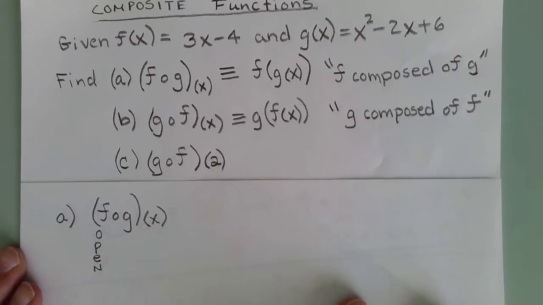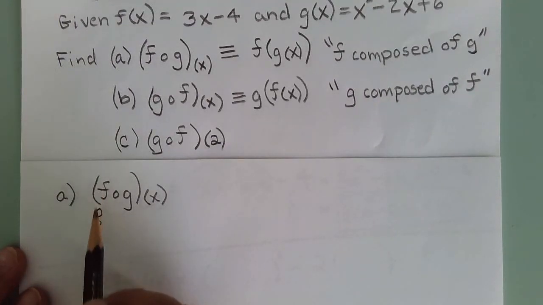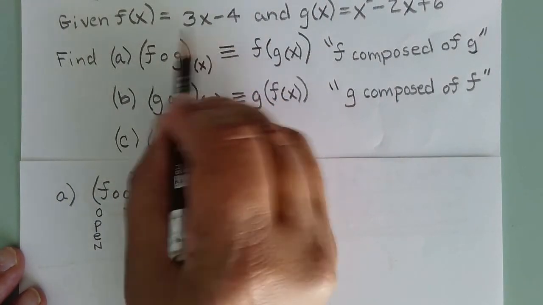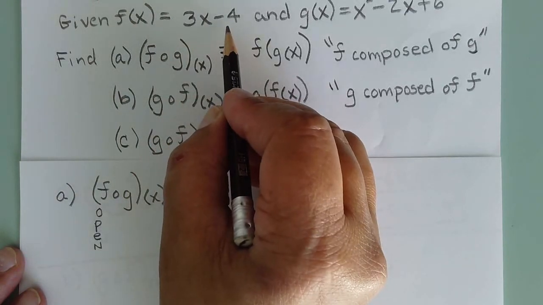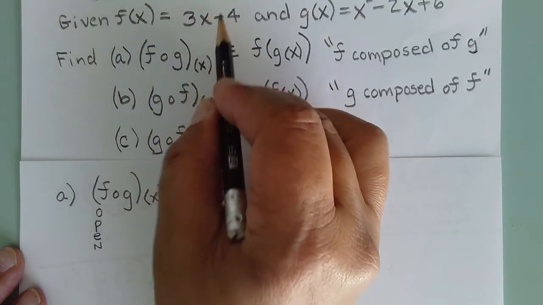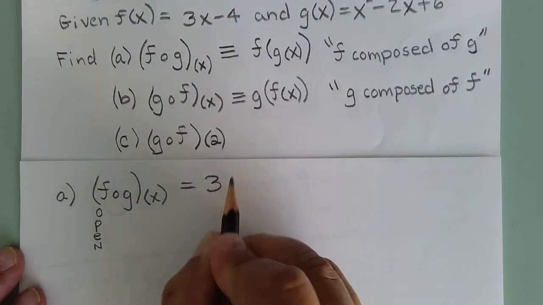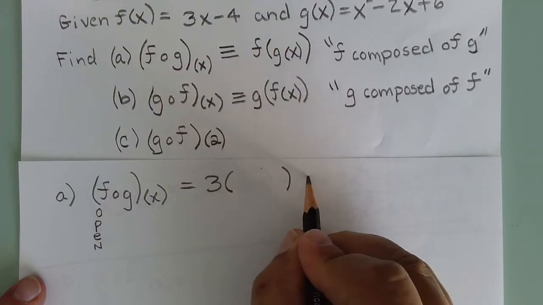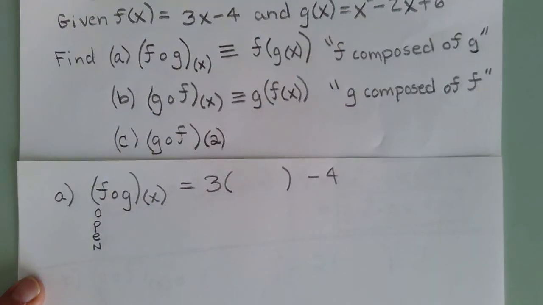When I say open the function, I just mean take the function that's on the outside, which is the f function, and copy that function rule, not the name of the function, but leave a parenthesis wherever there's an x. So in this case, it would be 3 times (x) minus 4. That's what I mean by opening it up.